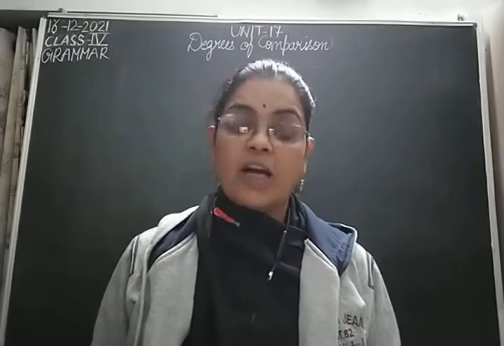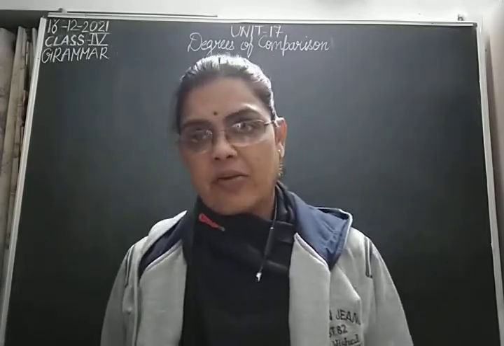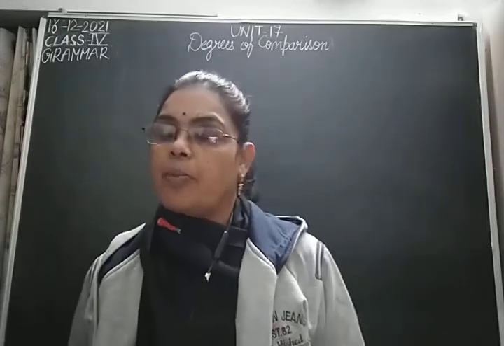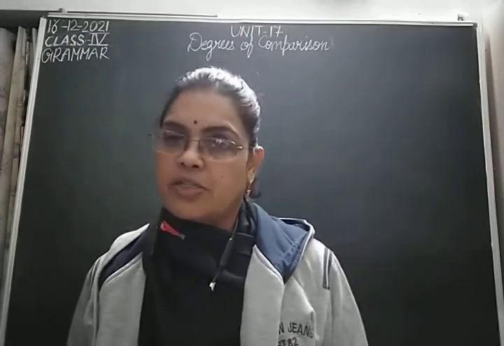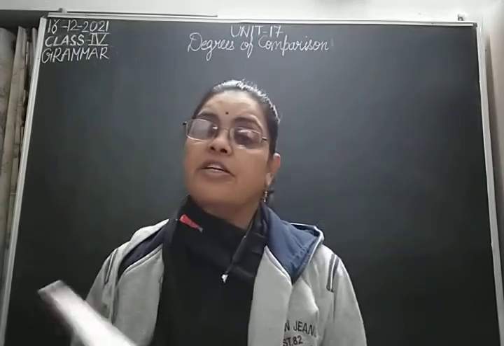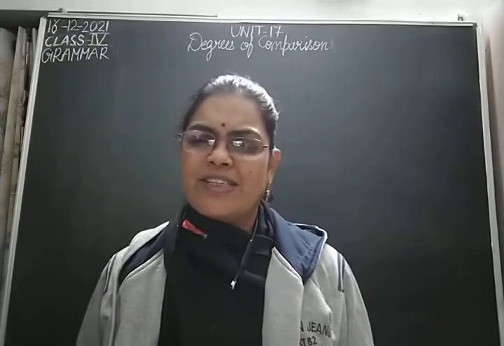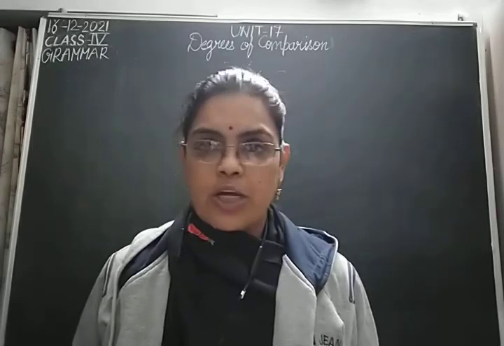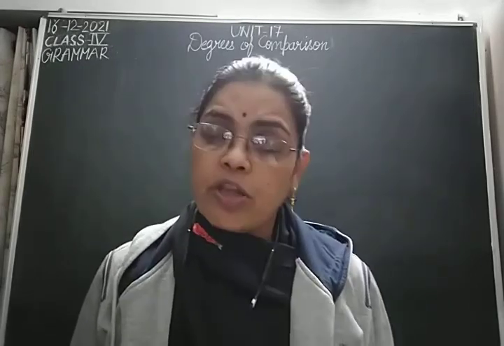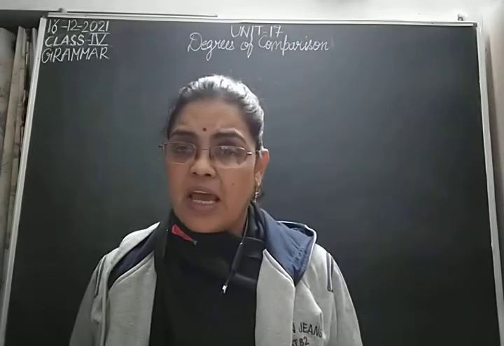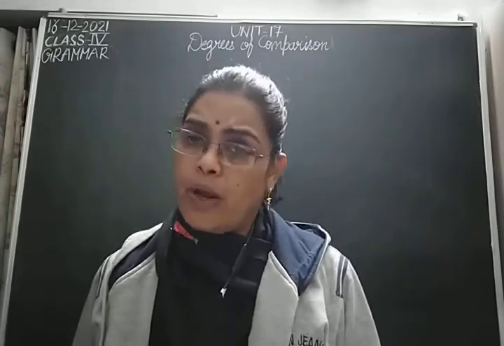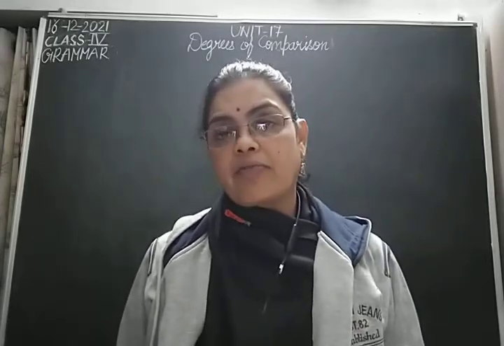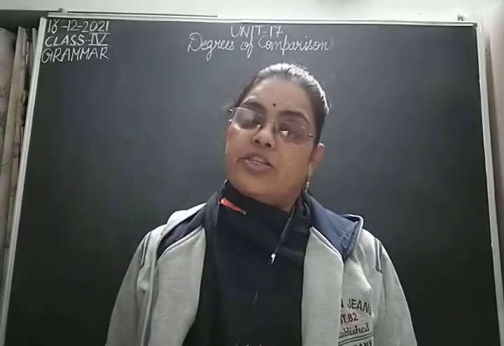But before I start with exercise 3, let's revise the 3 degrees of comparison. The first is the positive degree. We use it when we simply describe a thing or we treat two things as equal. Before the positive degree, words like a, an, very or as come before and after the adjective.